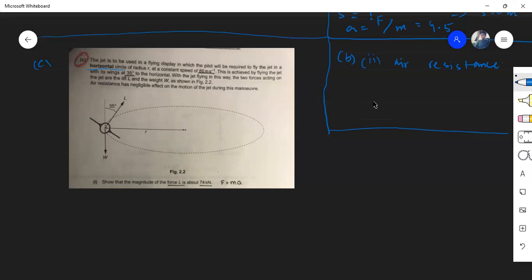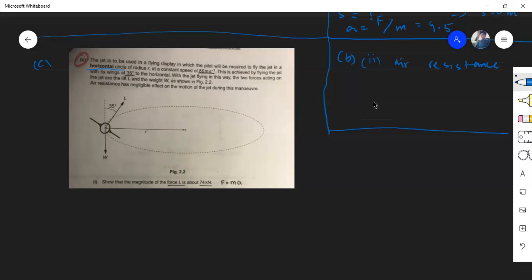Now, what does horizontal circle mean? What can you imply from this information? What does the piece of information that the plane is moving in a horizontal circle tell you about the vertical movement of the plane?